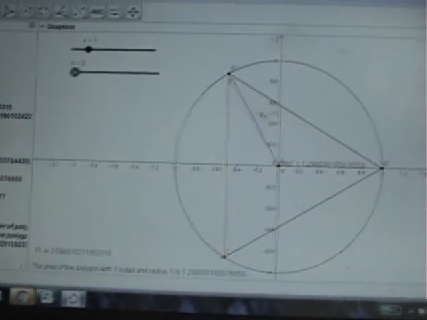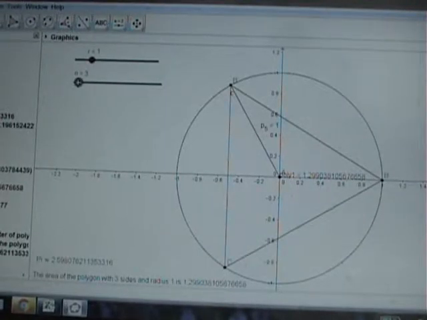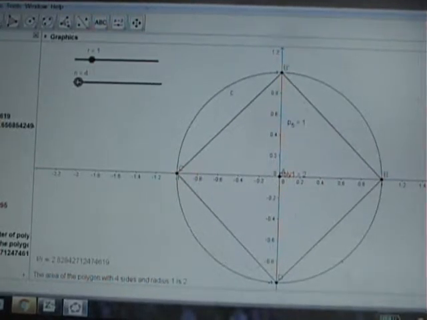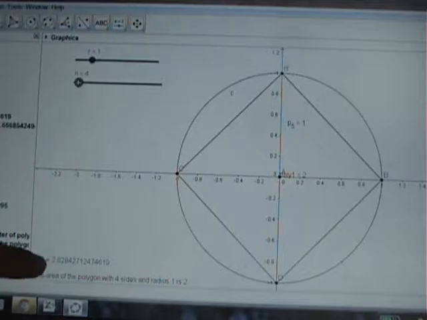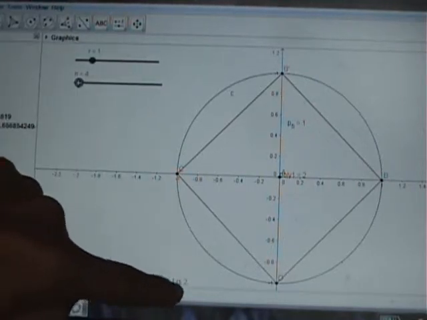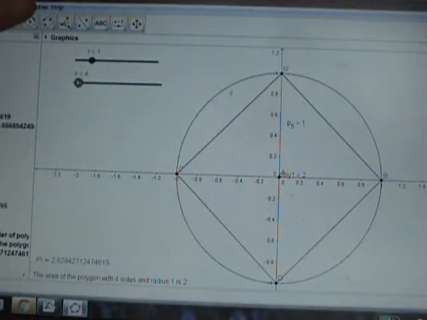Okay, so let me set this up here so we can get this. Okay, so let's say I increase the number of sides to 4. You can see that the square takes up more space inside of the circle. Our pi increased a little bit that we have here, and the area of the polygon, okay, 4 sides, radius 1 is going to be 2. Now this is just simple math.